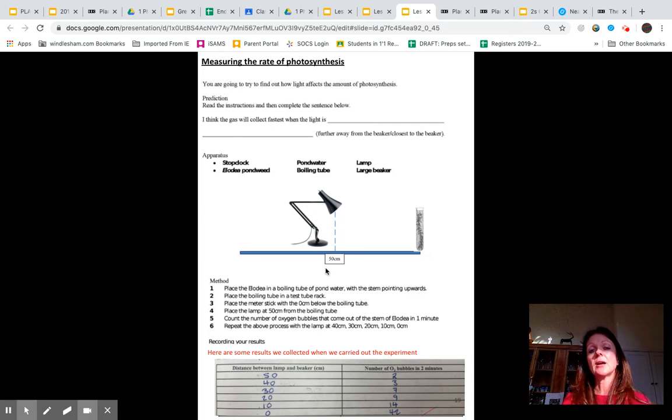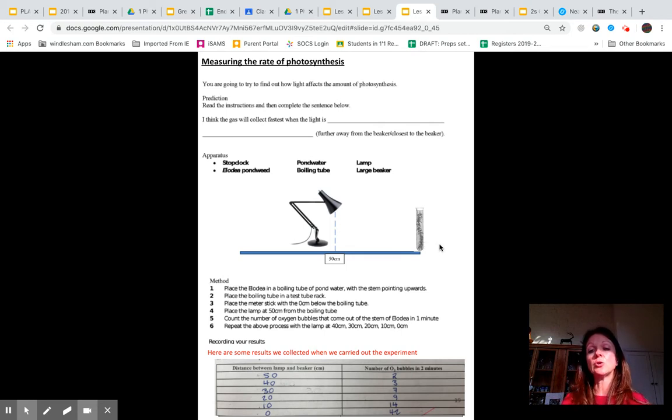You would turn the light on with the lamp at 50 centimetres, and you would measure how many bubbles. You would literally count the number of bubbles that come off the pondweed within a certain period of time.